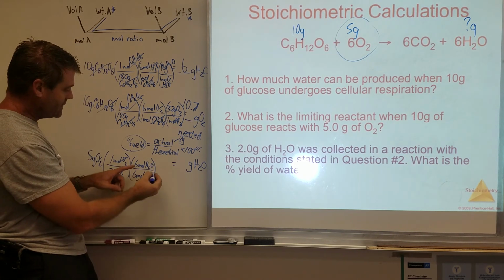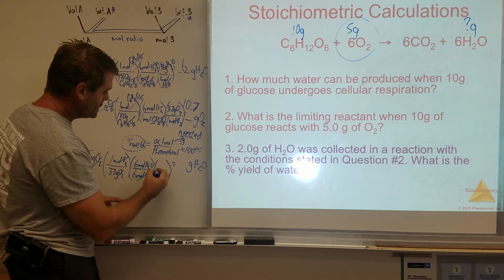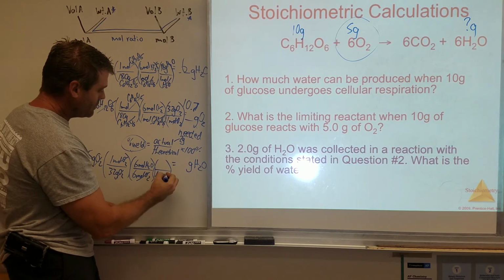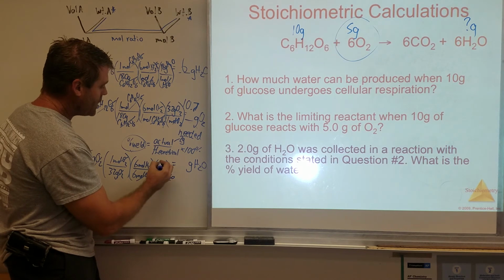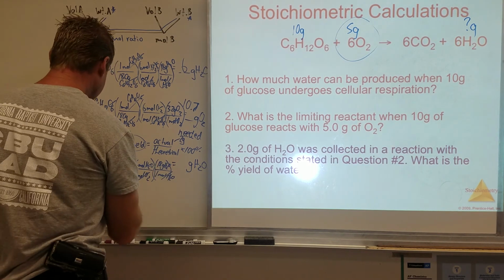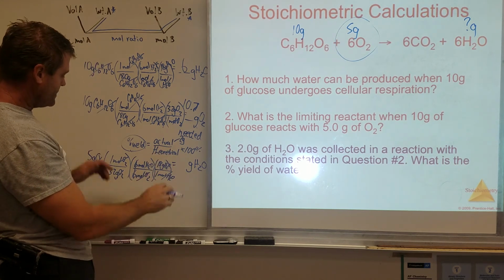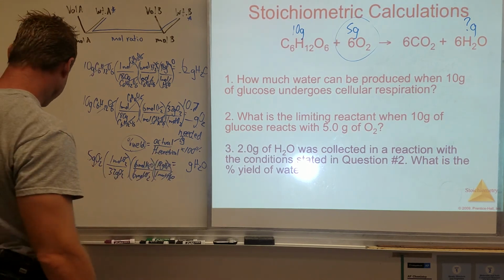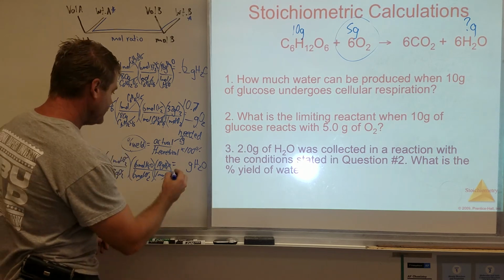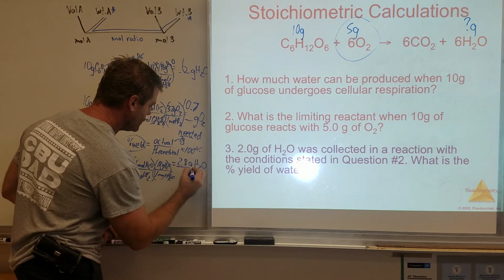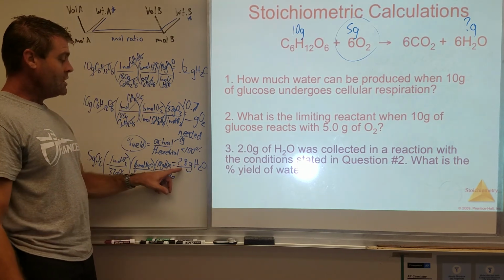And moles of oxygen cancel. And then lastly, I just have to convert from moles to grams. You remember, I put the mole on the bottom. And the molar mass of water is 18 grams per mole. And the 6's can cancel, so I don't have to do that. I go 5 times 18 divided by 32, and what I'm going to get is 2.8 grams.